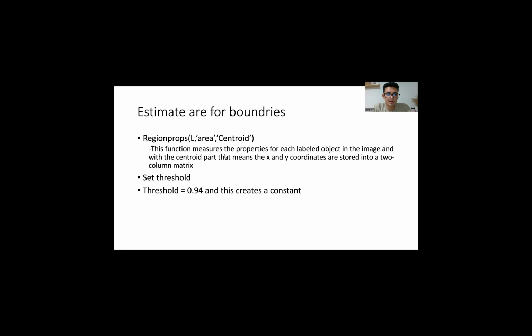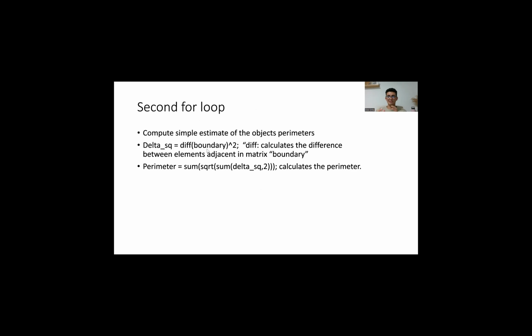After this function where we set the boundaries of our objects, we know from this image, it's right here, for example, and we are going to set a threshold. So this constant is for the next loop, which is going to take that boundary and go through a program that basically finds the perimeters.